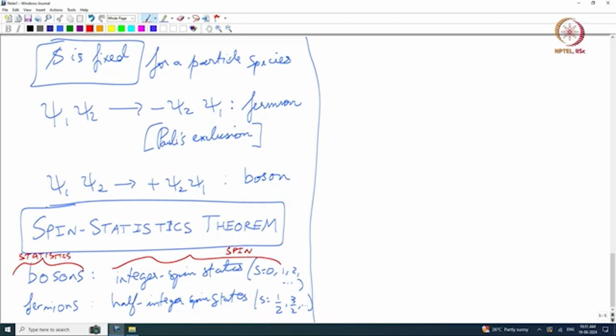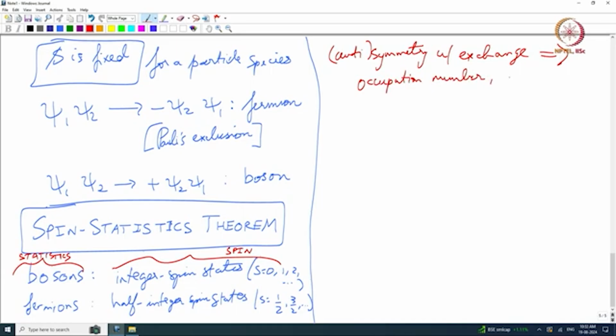Why is this called statistics? The antisymmetry or symmetry under exchange is what leads to occupation number of quantum states, hence statistics.